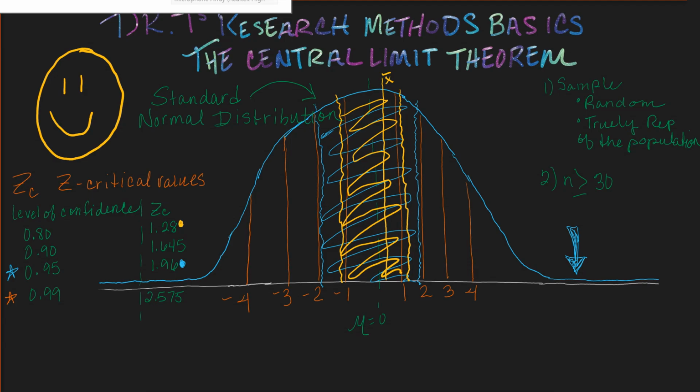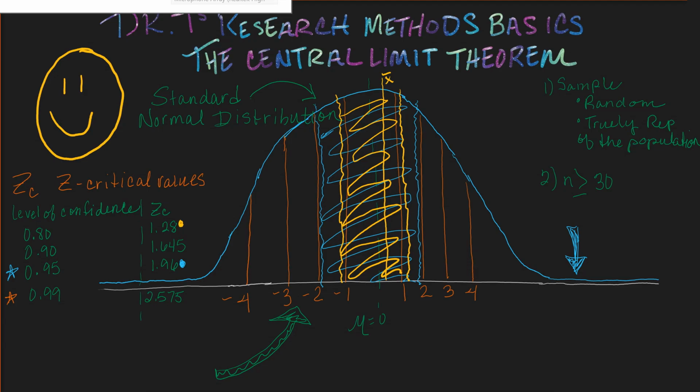So what we are hoping to find most often are not values that we could just randomly pick out of the bucket. The values we could randomly pick out of the bucket are any of these values where most of our observations fall. So we have these z-critical values.